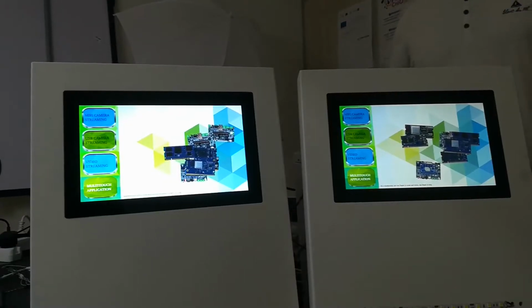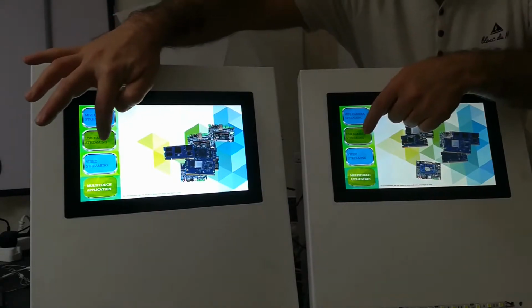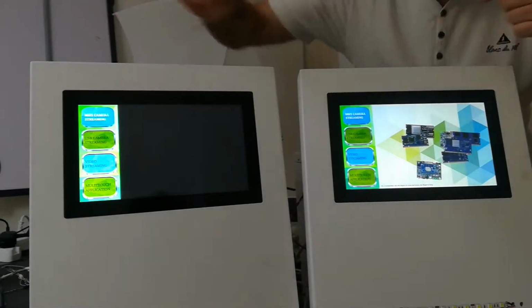The images are acquired and sent into the local network, and these are the two receivers connected to the local network with an application running that gives you the chance to choose the multicast address to get the data from.